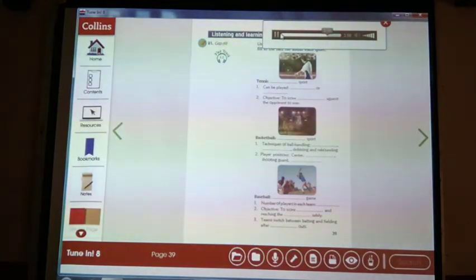A run is scored when a player advances around the bases and returns to the home plate. Players on the batting team take turns hitting against the pitcher of the fielding team, who tries to prevent runs by getting hitters out in any of several ways.